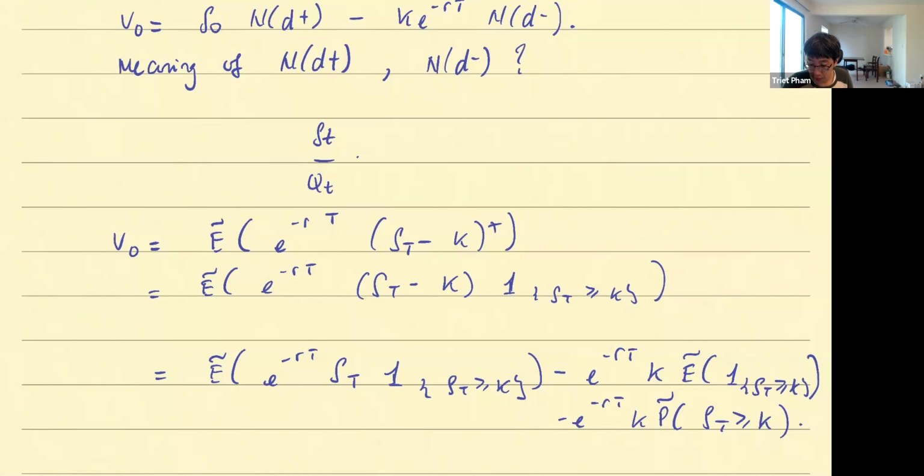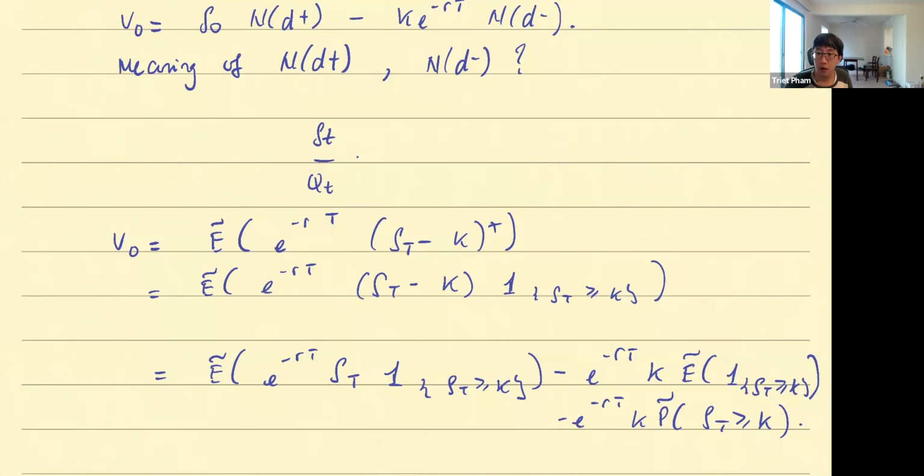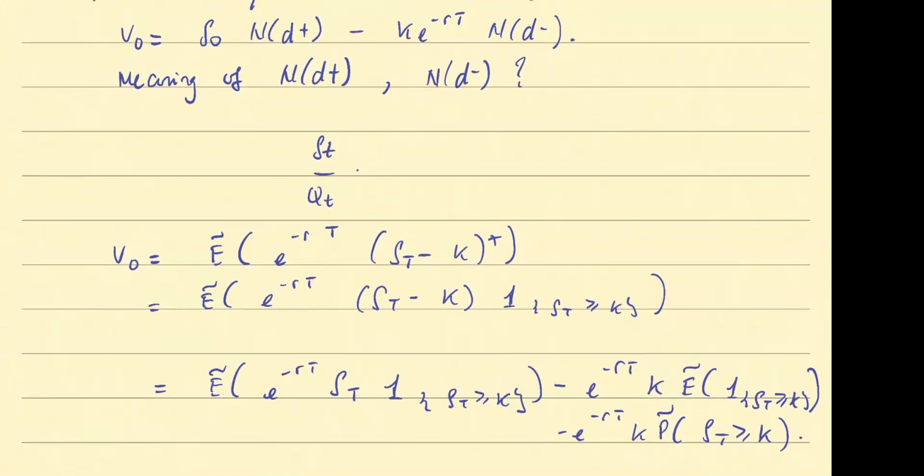So which term is this, by the way? ND plus, ND minus? Probably the probability term. Yes, but we have ND plus and ND minus. Which one is it? I think that one specifically is ND minus.